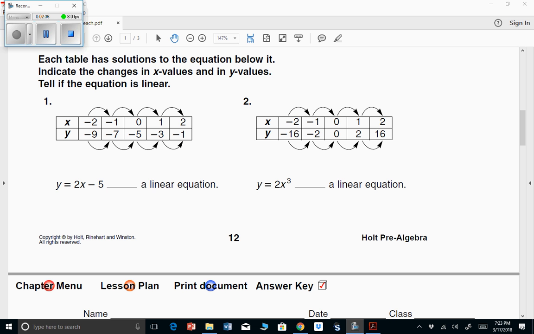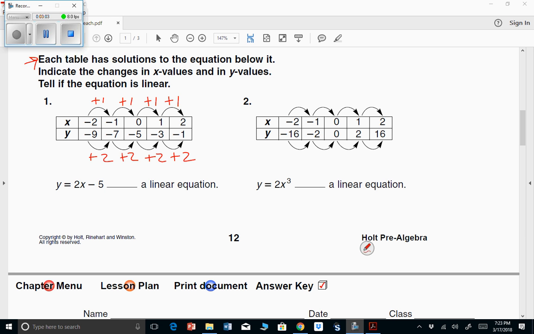Okay, so now our directions say each table has solutions to the equation below it. Indicate the changes in the x values and in the y values and tell if it is linear. So these are going up by 1. So we have a constant change in the x values, but this goes up 2, up 2, up 2, up 2.